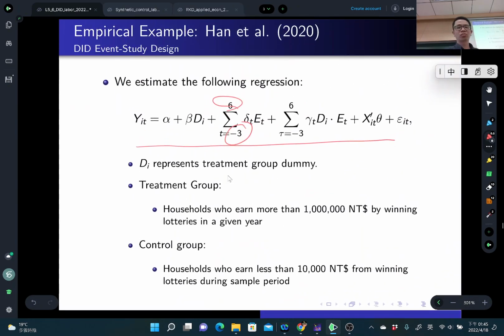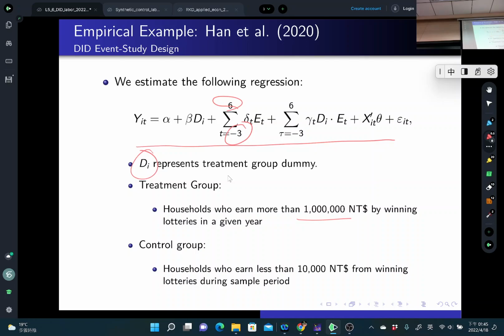So the treatment group dummy is a D. As I said before, if a household wins more than $1 million in a given year, they just win in a specific year, and we exclude the people who win multiple times.